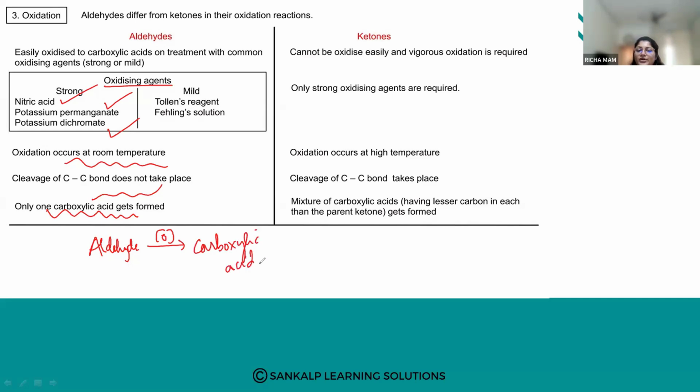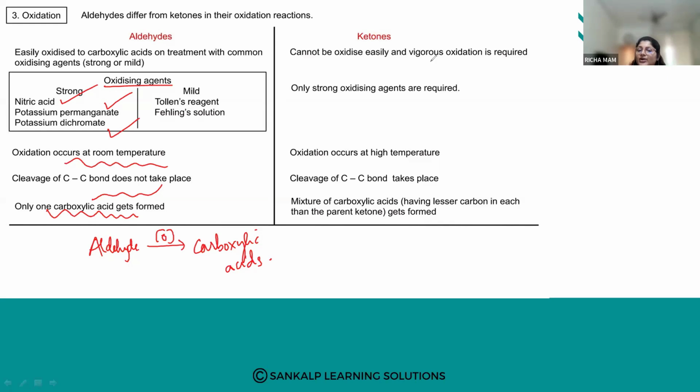And what about ketones now? Ketones cannot be oxidized easily.